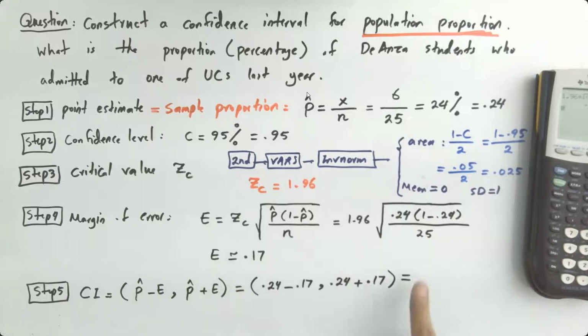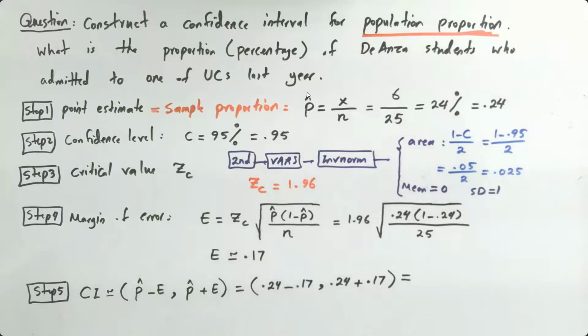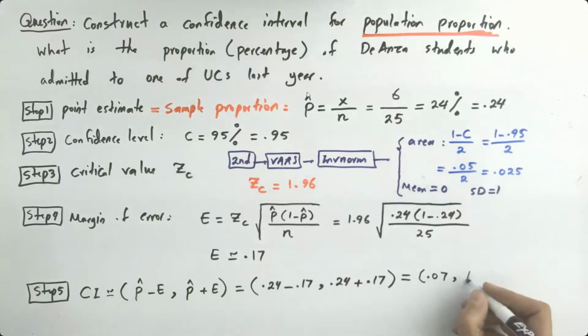Okay. So since we are using approximation, let's put the approximation here, and let's see. What do we get as the lower limit? It's just 7%, and the upper limit, it's going to be 41%.